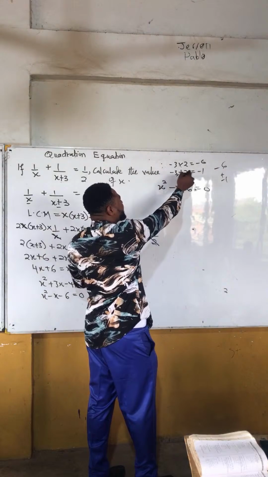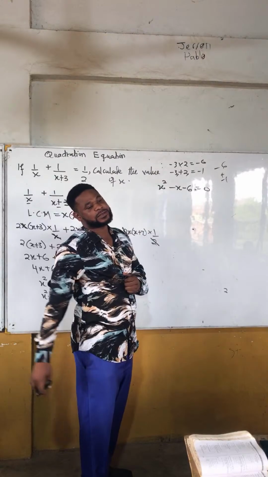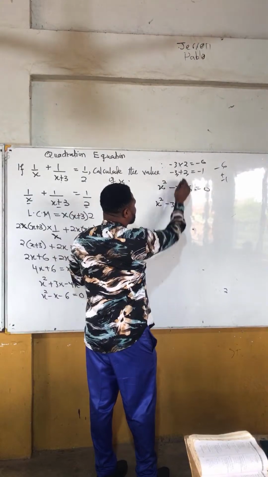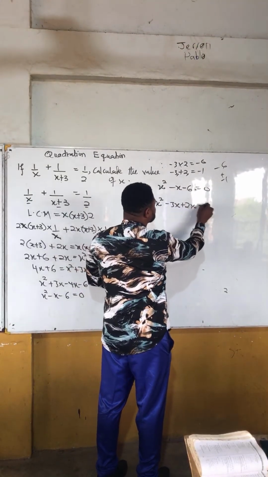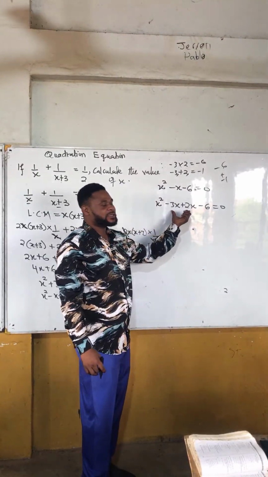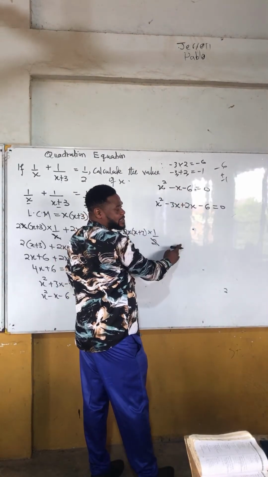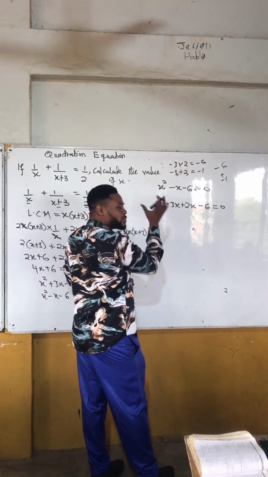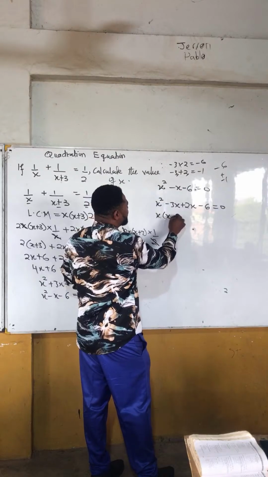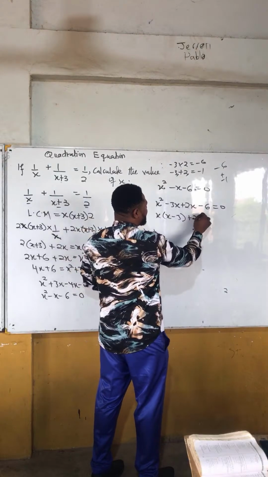So our minus 3 and 2, we are going to use it to replace our minus x. So we write x squared minus 3x plus 2x minus 6 equal to 0, because when we simplify this, we are going to get minus x. At this level, we factorize. You take the first two, x squared minus 3x, you factor x out. 2x minus 6, you factor 2 out.